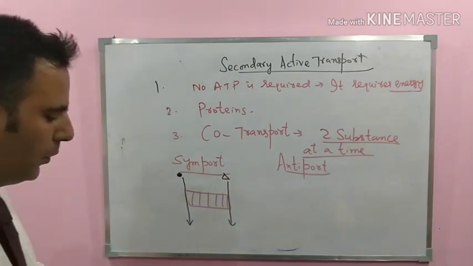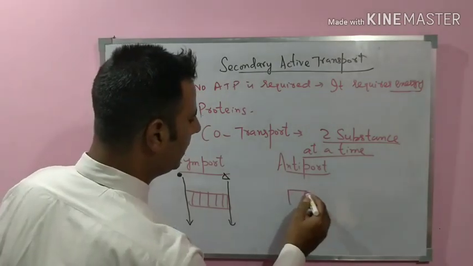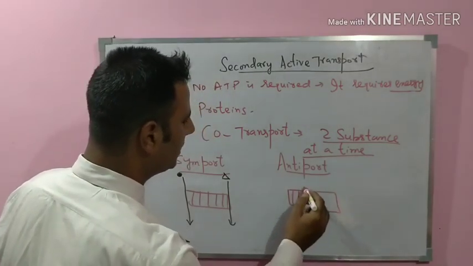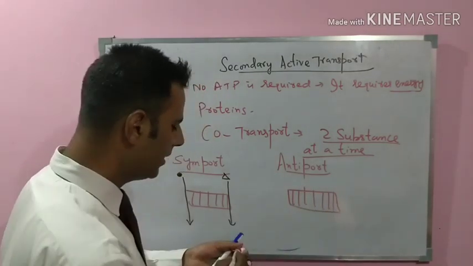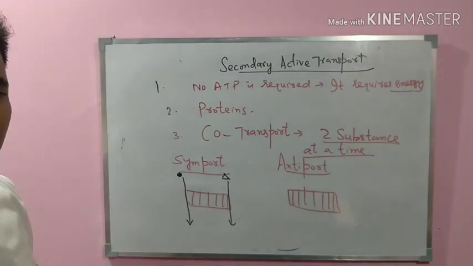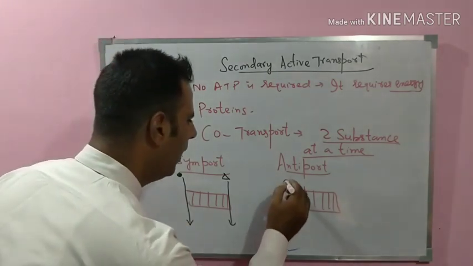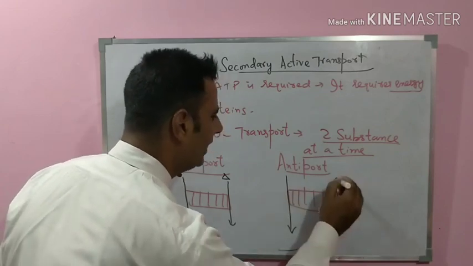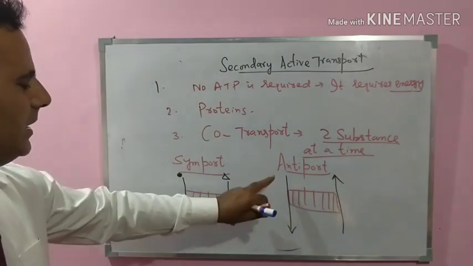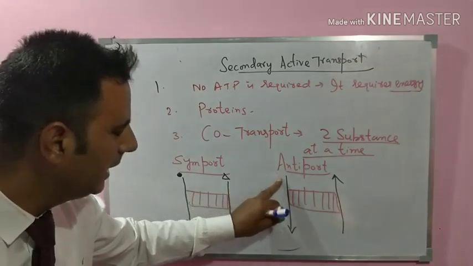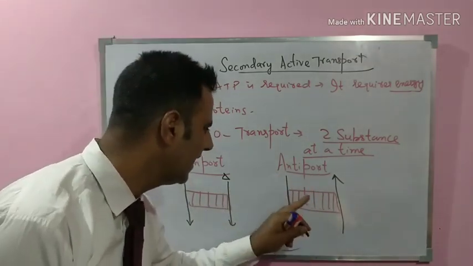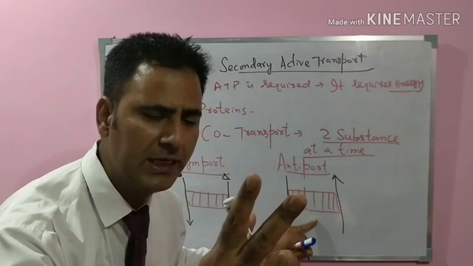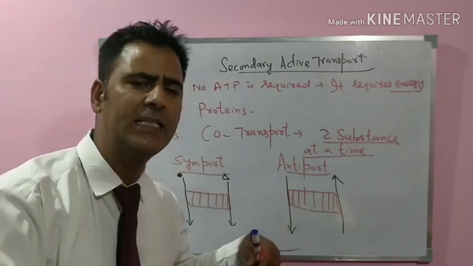And antiport involves the participation of a carrier protein, which is transporting the two substances, one in this direction and second in the opposite direction. Here the transport protein is involved, which is transporting two things, one in one direction and second in the opposite direction.